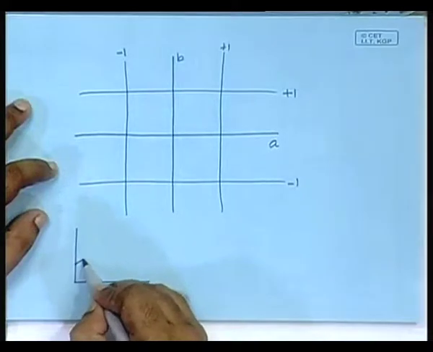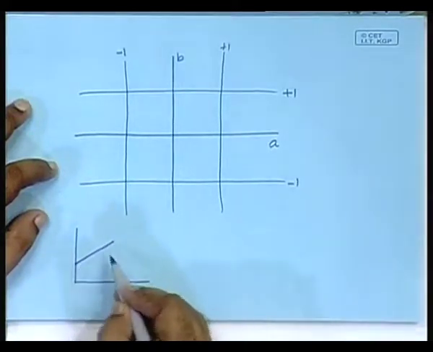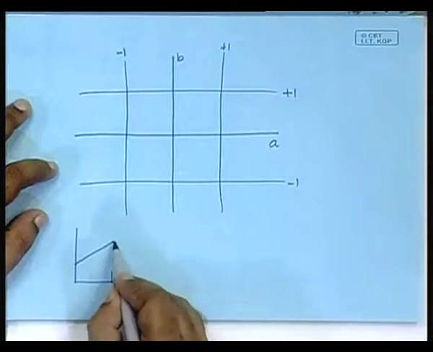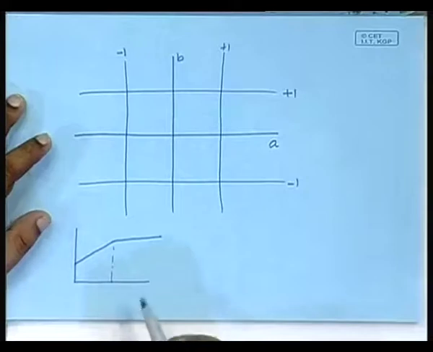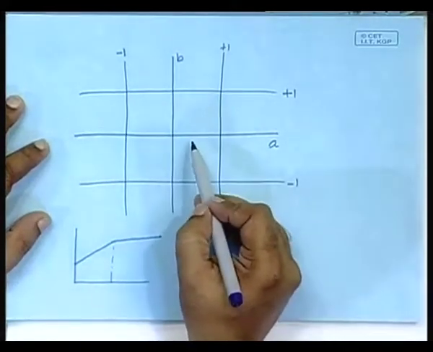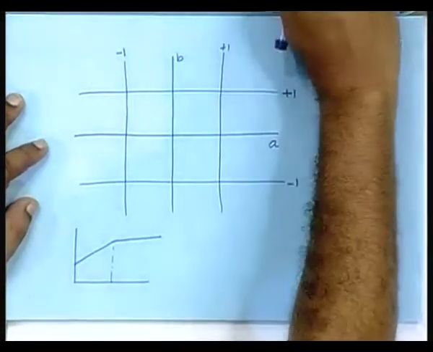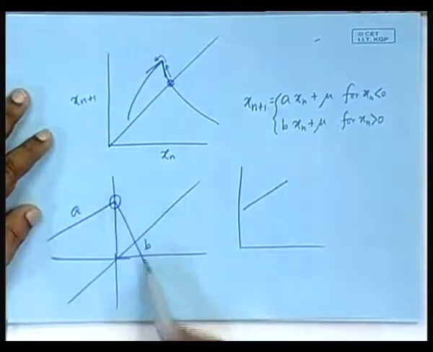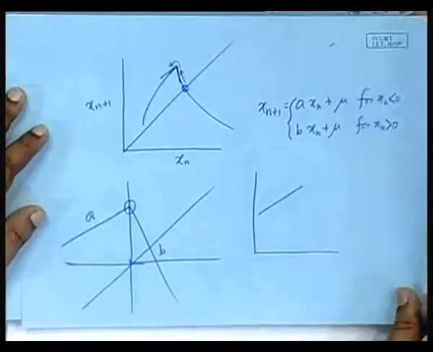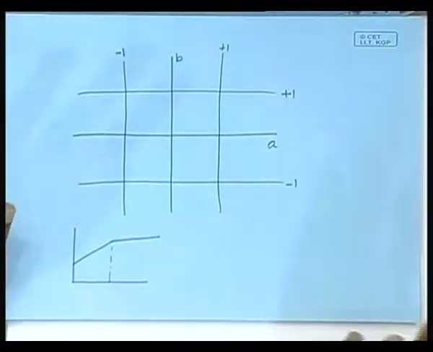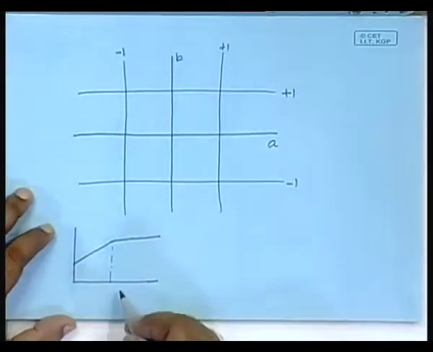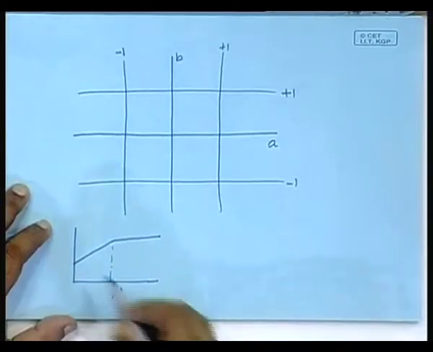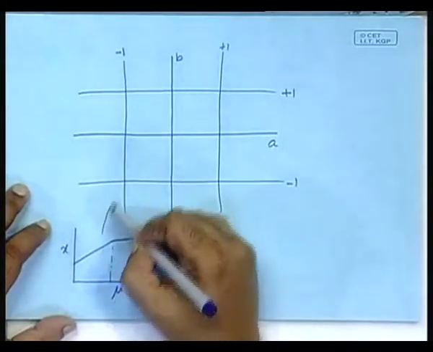It would be a stable fixed point approaching, and then at this point hitting the border, and then again going off as a stable fixed point, because on both sides, the left hand side as well as the right hand side, the slope is less than 1, and therefore the fixed point will be stable. So, these are reasonably easy situations to handle. This is your mu and this is your x. So, this would be the behavior in this part.